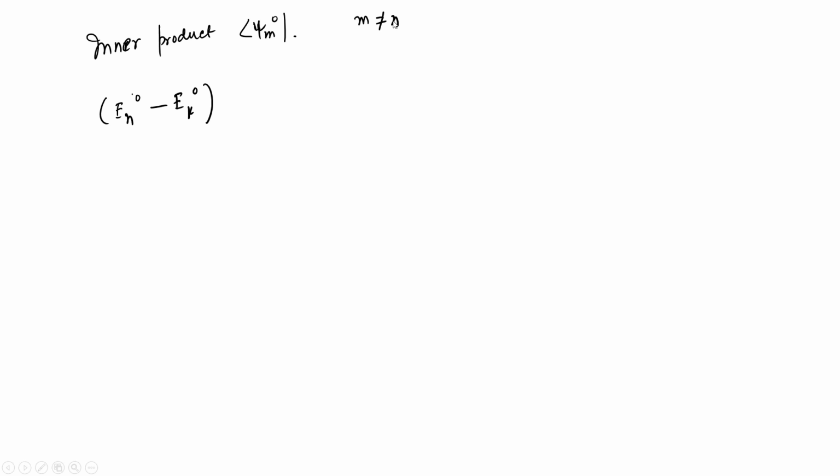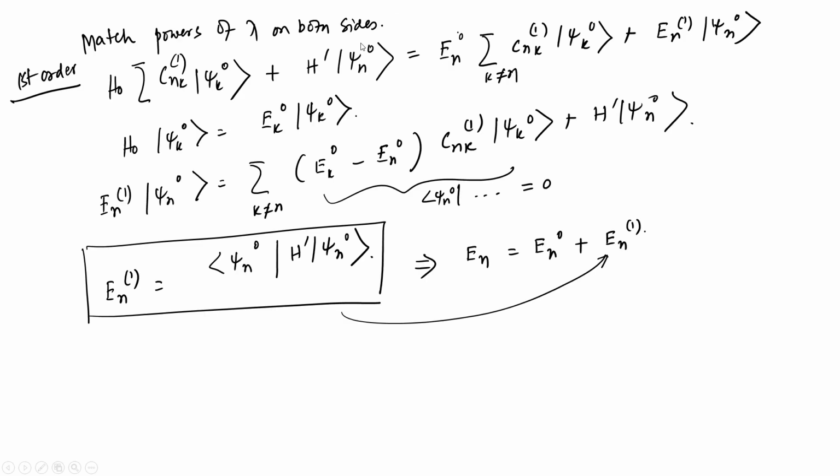If m is not equal to n, the left hand side does not give you anything, because if you use this equation and take an overlap with psi m 0 with m not equal to n, then this term gives you 0, and this term of course will give you a result, because m can be equal to k, or m may not be equal to k, but it turns out that if m is not equal to k, then this term does not give you anything.